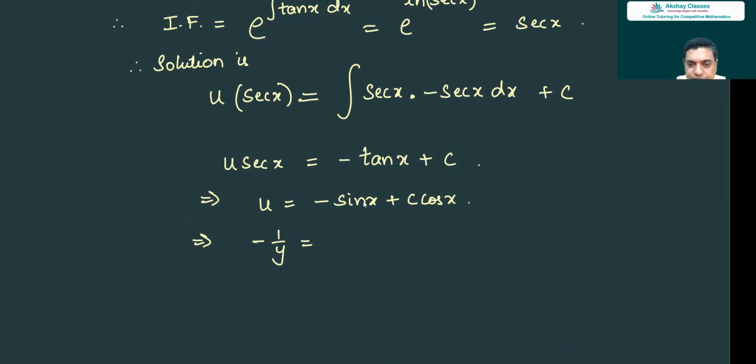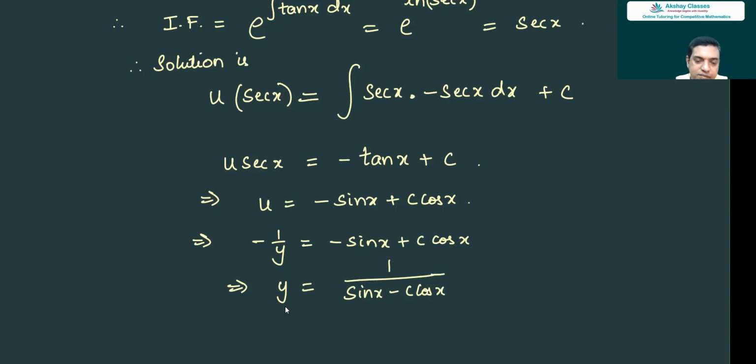So minus 1 upon y is equal to minus sin x plus c cos x. Multiply by minus 1 and take the reciprocal: y is equal to 1 upon sin x minus c cos x.